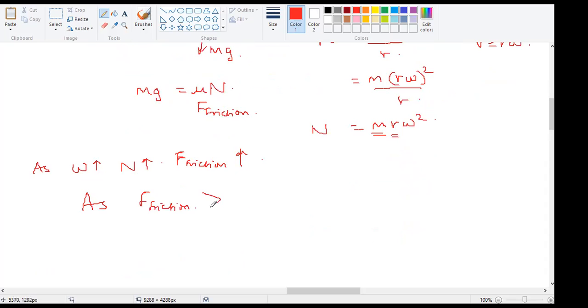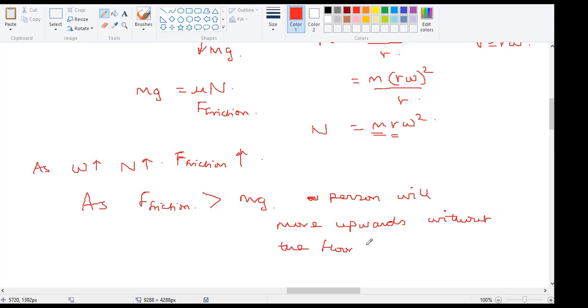So as F friction is more than weight mg, the person will move upwards, without the feet touching the floor.